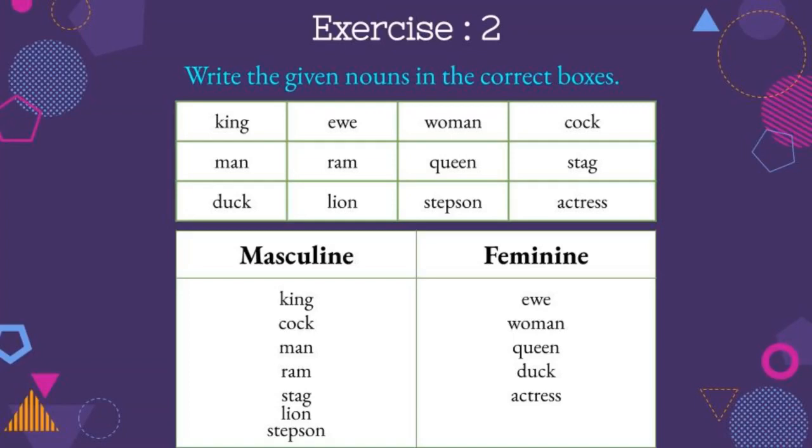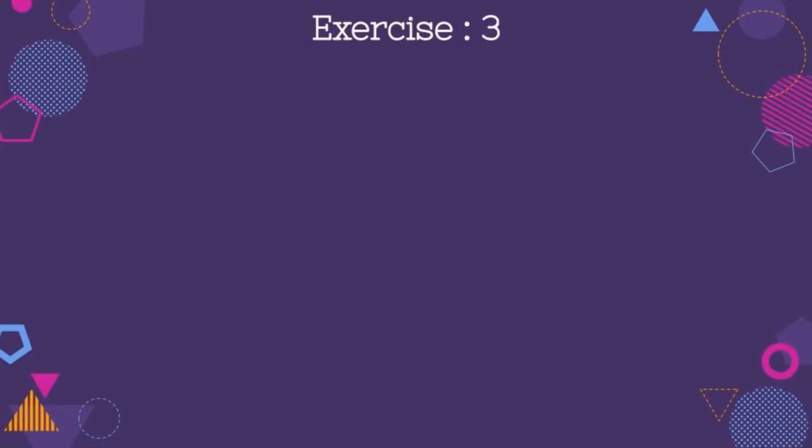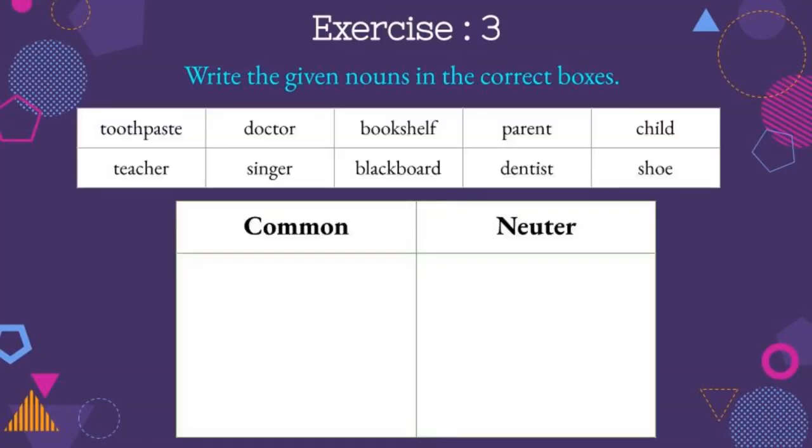Okay students, remaining words you should try in your grammar book. Write neatly and clearly. Students, already 2 exercises are over. Now we are going to do third exercise, that is write the given nouns in the correct boxes. Look here, a box is given. Inside the box some words are there.